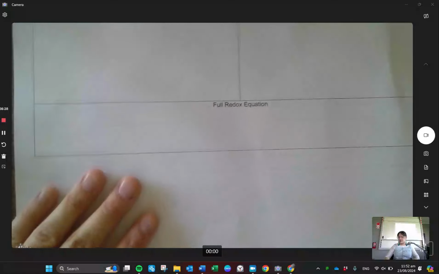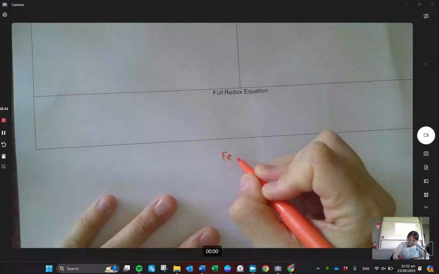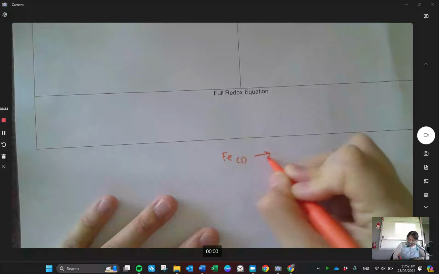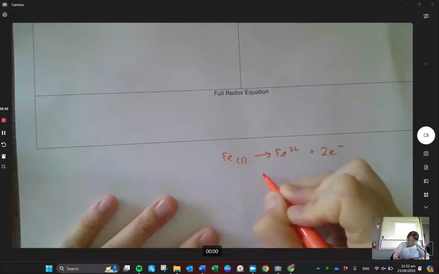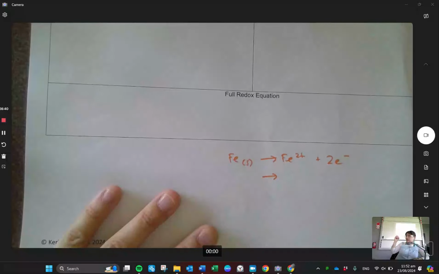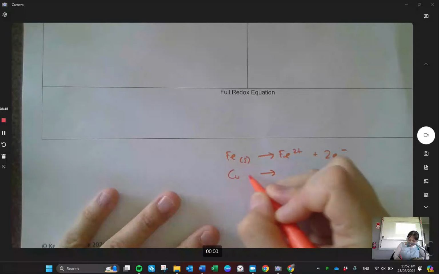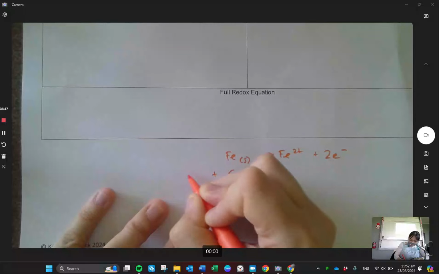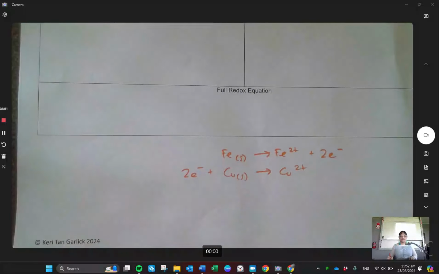I'll do the working down here just so you can see everything. So Fe solid becomes Fe2+ plus 2 electrons. I personally like to align my equations by the arrows, so that it's easy for me to find everybody. Like that.